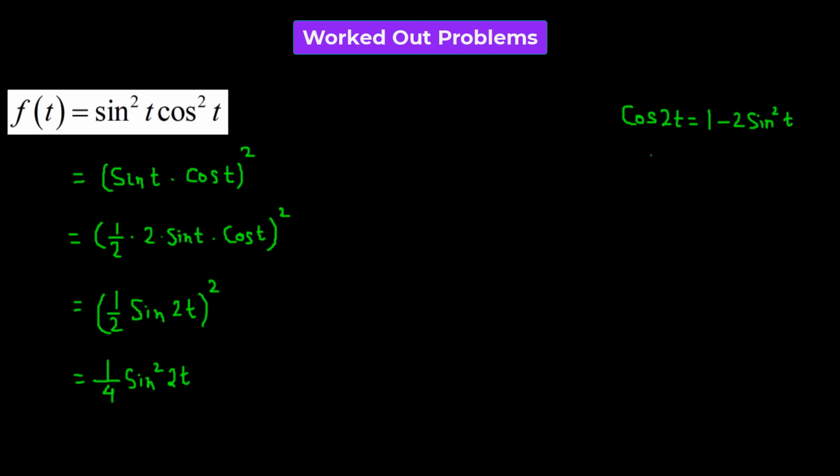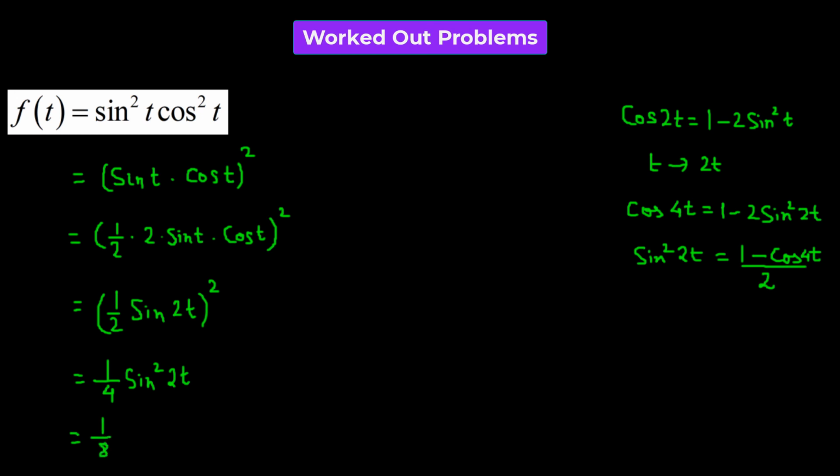So if we change t to 2t, then we get cosine of 4t is equal to 1 minus 2 times sine squared 2t. So solving for sine squared 2t, we get sine squared of 2t equal to 1 minus cosine of 4t, divided by 2. So that means our function will now become 1 over 8 times 1 minus cosine of 4t.